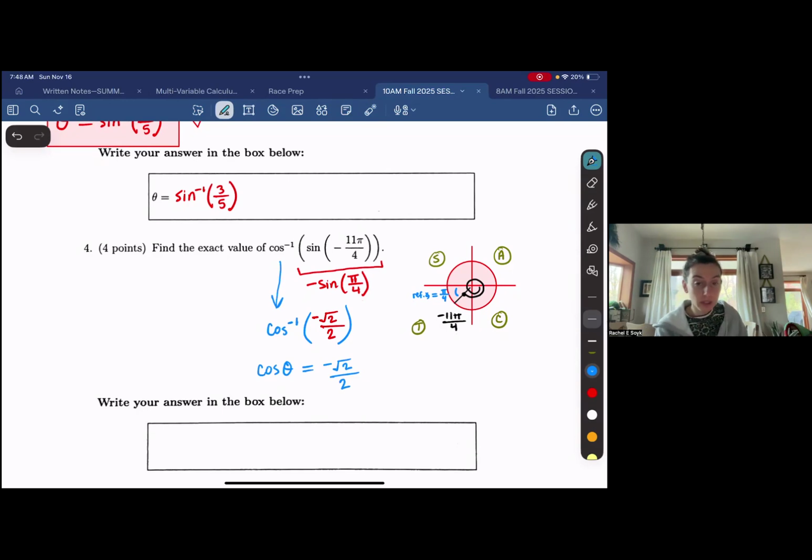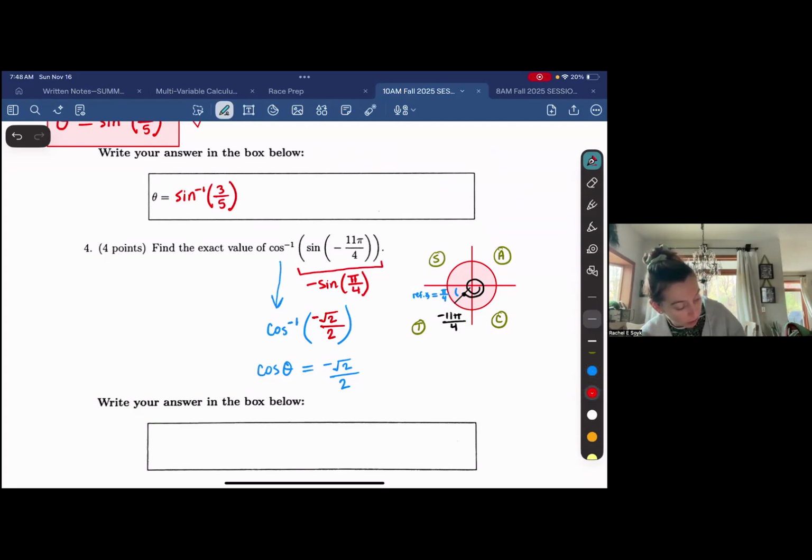And it's important to keep in mind that when we are taking the inverse of a trigonometric function, we really need to utilize our specified bounds, because we can only take inverses of one-to-one functions. And sine and cosine alone aren't one-to-one functions unless you have a restricted domain. So our bound for cosine is from 0 to pi.